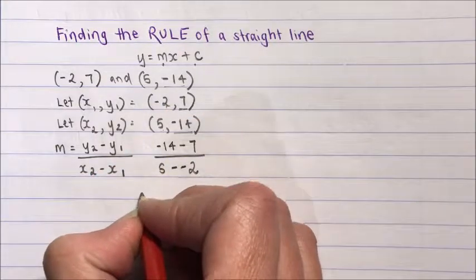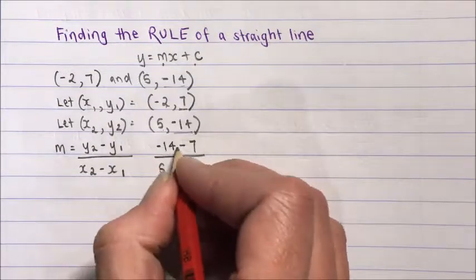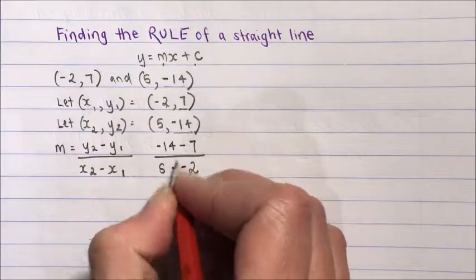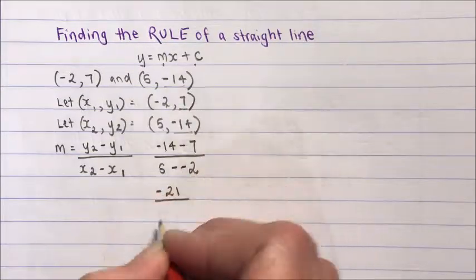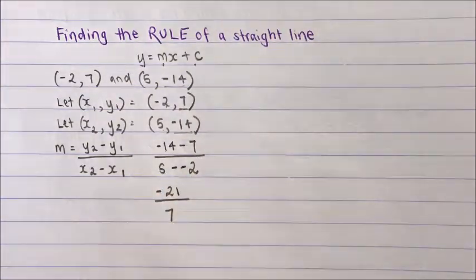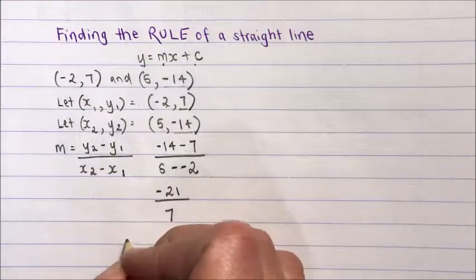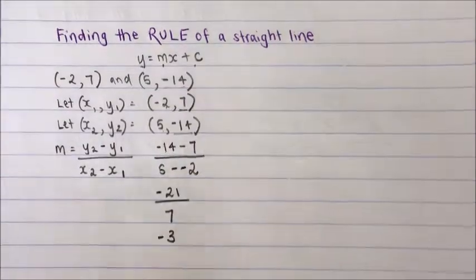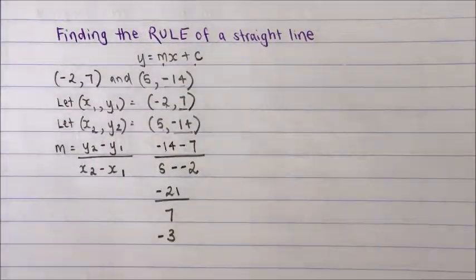So the gradient of this line is going to equal -14 minus 7 is -21, divided by 5 minus -2 is 7. So -21 divided by 7, the gradient is -3, because the signs are different, so the answer is negative.